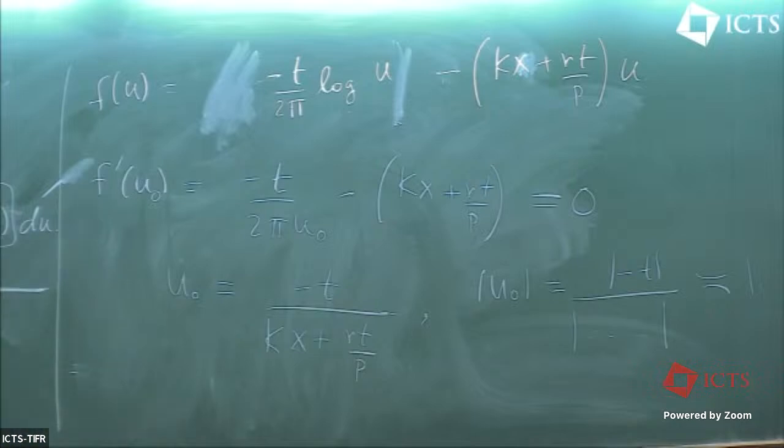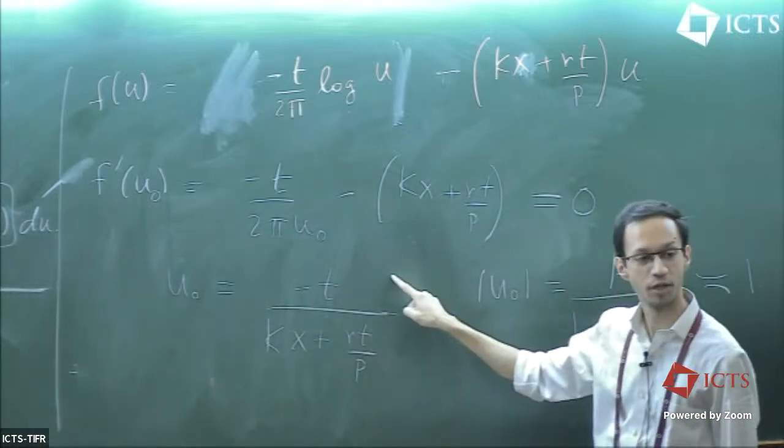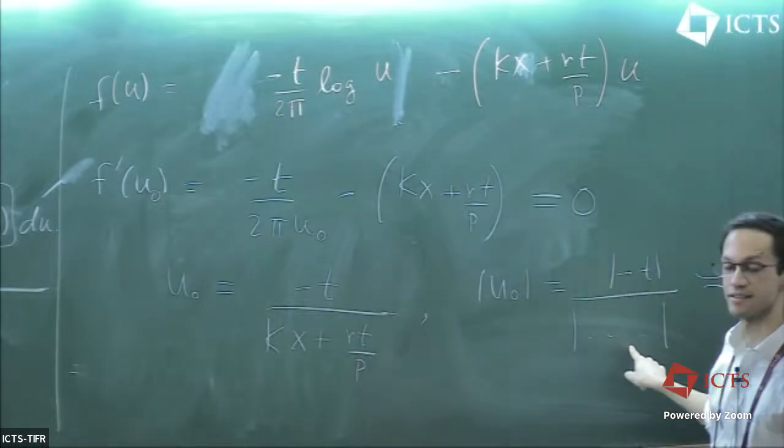Of course, if r is too small, then u naught will be much bigger than the size of 1, in which case the stationary point does not lie inside the support.